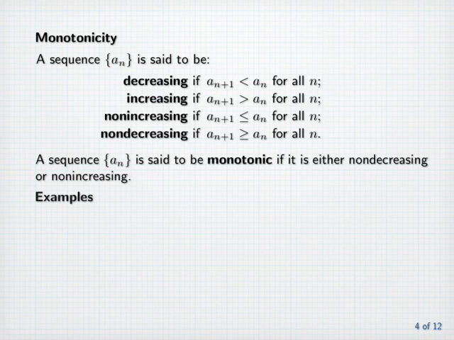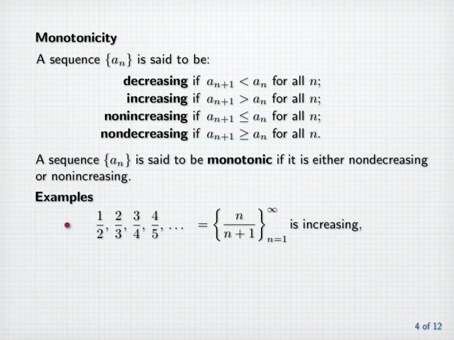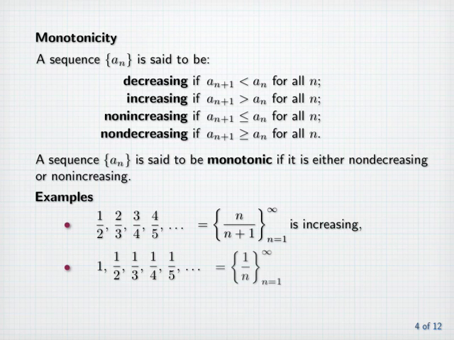A few examples. The sequence 1/2, 2/3, 3/4, 4/5, and so on, which is the sequence n over n plus 1, as n goes from 1 to infinity, is clearly an increasing sequence, since each term is greater than the one before it. The sequence 1, 1/2, 1/3, 1/4, 1/5, and so on, which is the sequence 1 over n, as n goes from 1 to infinity, is decreasing.